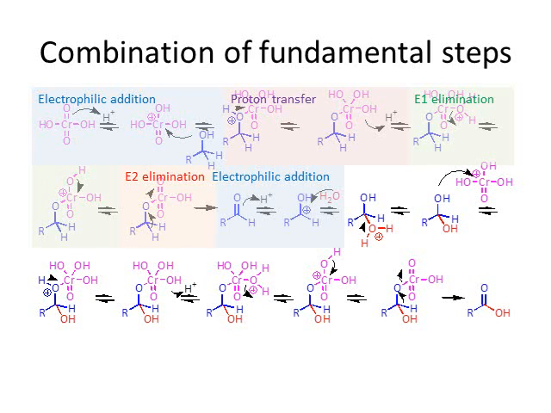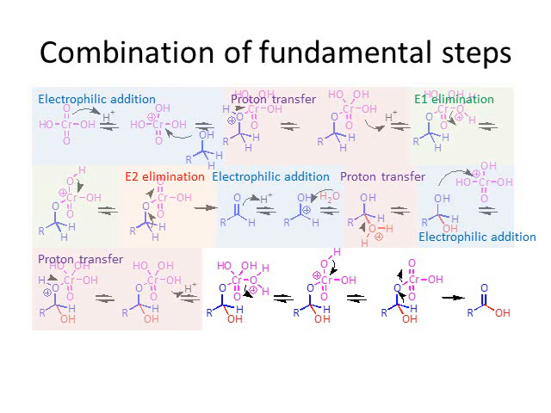These next couple of steps are electrophilic addition again, right? Pi bond reaches out to H+, water comes along. Some proton transfer, another electrophilic addition, more proton transfers, more E1 eliminations, and then finally another E2 elimination.